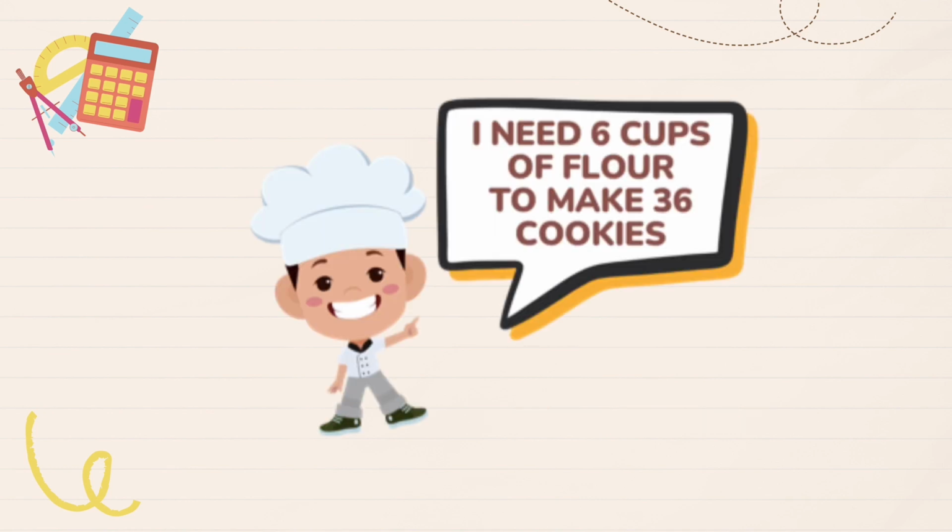Now we have figured out what the missing number of the proportion is. If our baker needs 2 cups of flour to make 12 cookies, then they need 6 cups of flour to make 36 cookies. We have used a proportion to solve for an unknown.